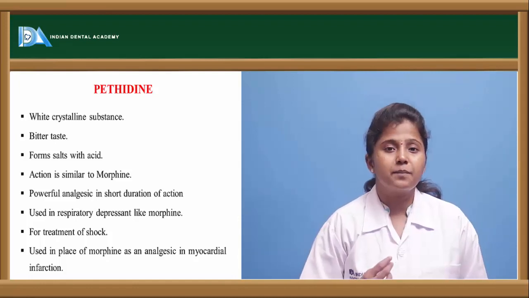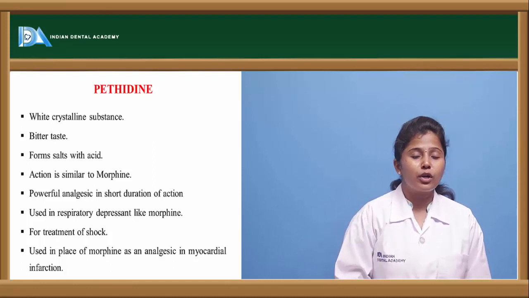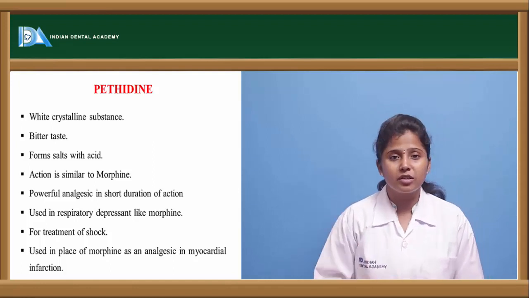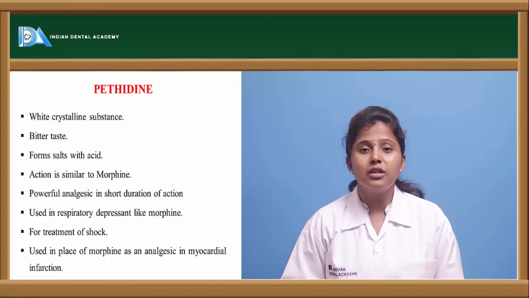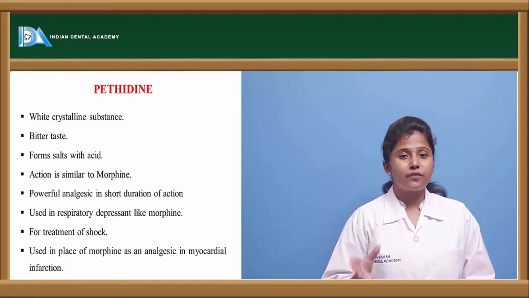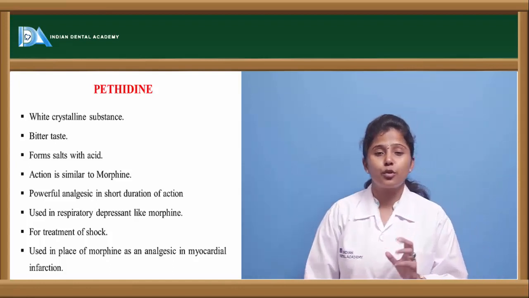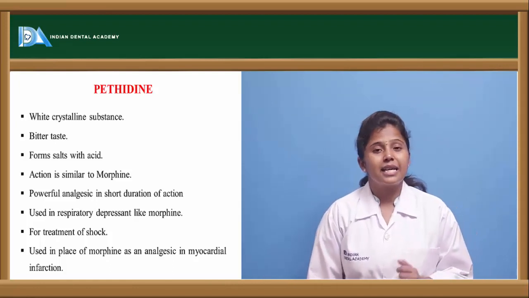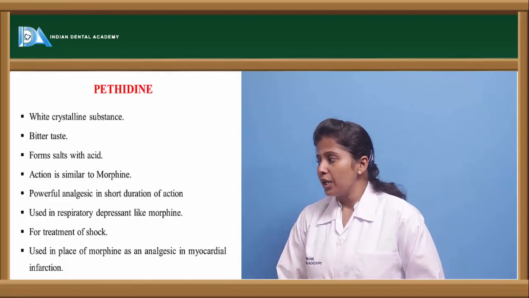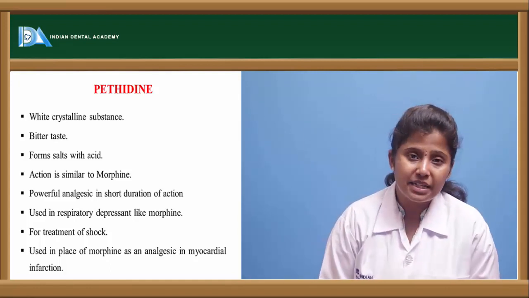When administered into the body, it shows a slightly delayed onset of action, but the duration for which the drug exerts its actions is very short, and it causes respiratory depression like morphine.